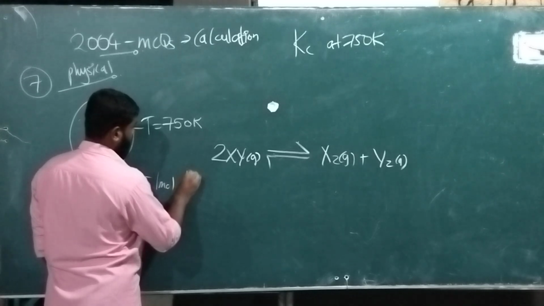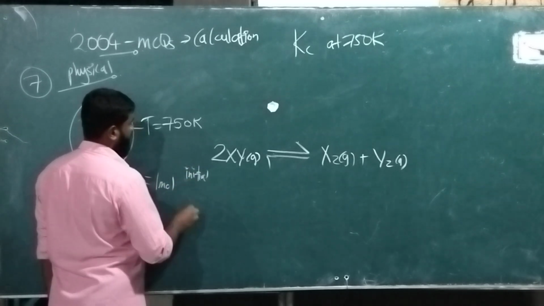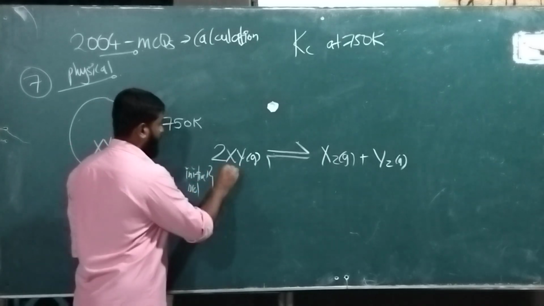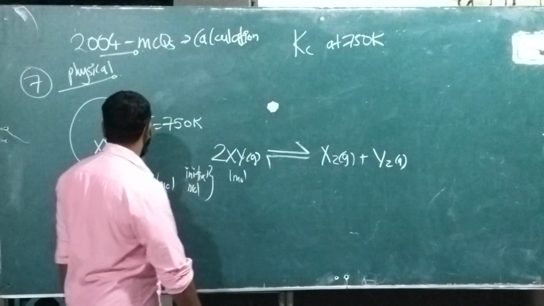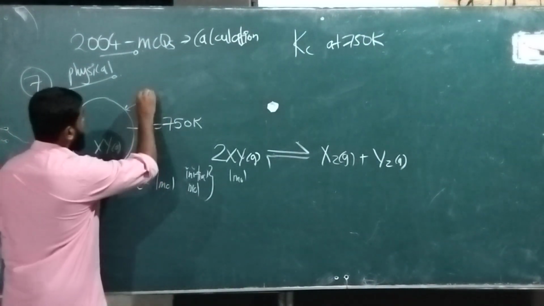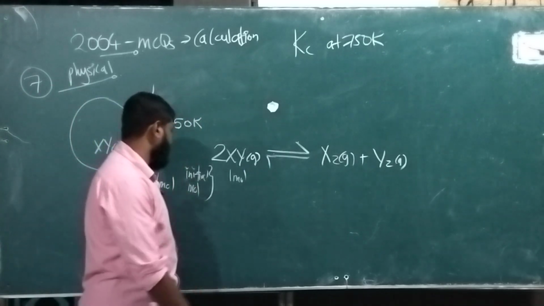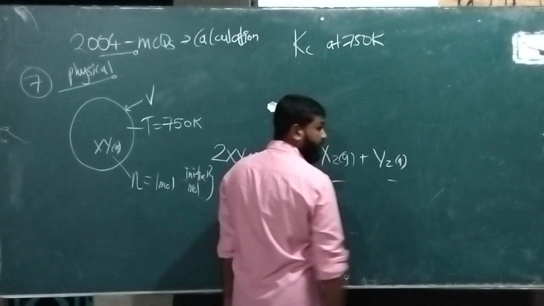Initially you had 1 mole. They didn't give any specific volume here, so let's say I am taking the volume V. Initially you don't have anything of the products.